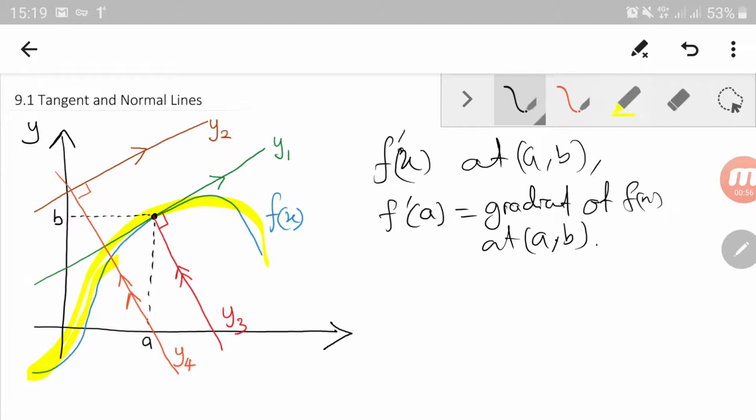This gradient of f(x) at (a, b) is the same as the gradient of the green line that I've just highlighted.